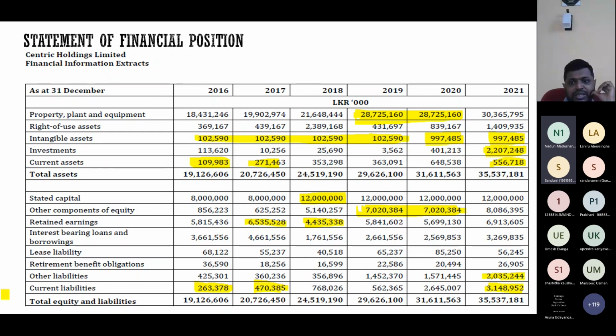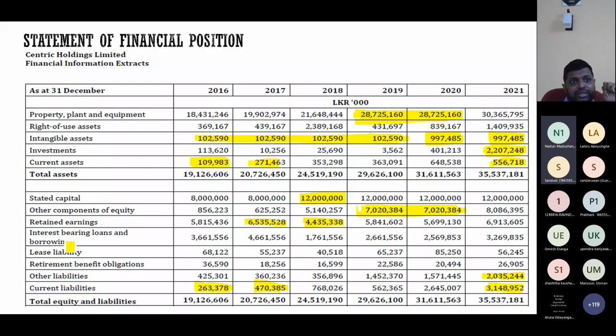Significant improvement. That means liabilities have gone up significantly. Then you have to see what the other liabilities contain. These are the areas you need to focus on, which you need to give more concentration. Why have such changes happened?